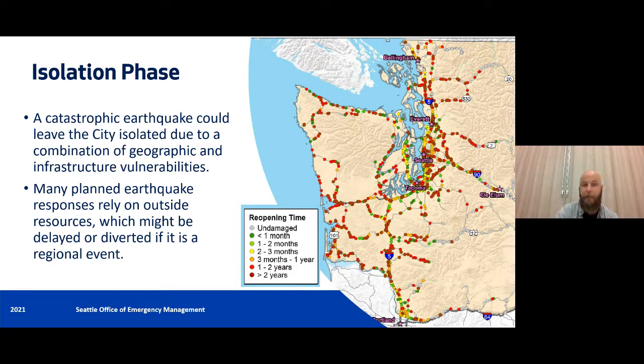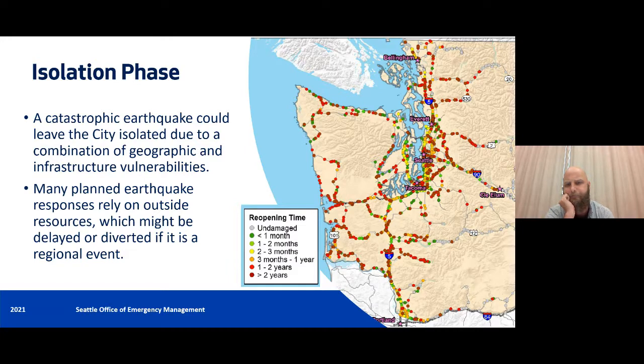Hey, Matt, really quickly, somebody asked if you could explain the colors on the map with the legend. Yeah, so they were looking at projected reopening time for each of these bridges, and the link to the report is in that resource list, so you can get a lot more detailed information, including the lists of all of those bridges.